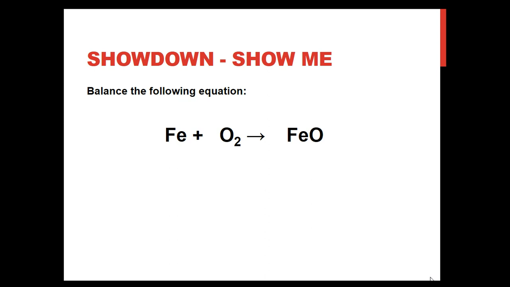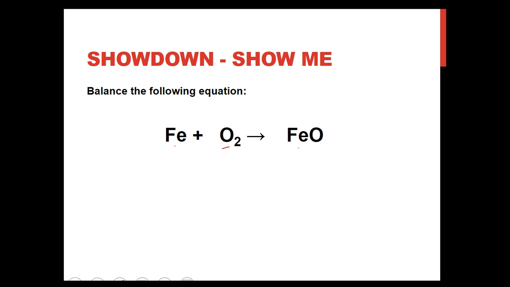So for the shortcut, okay, instead of writing a tally, I just go back and forth and see what do I have on the left versus what do I have on the right. So for the left, I have Fe. I have one Fe here on the left, one Fe here on the right. I'm going to leave that alone.